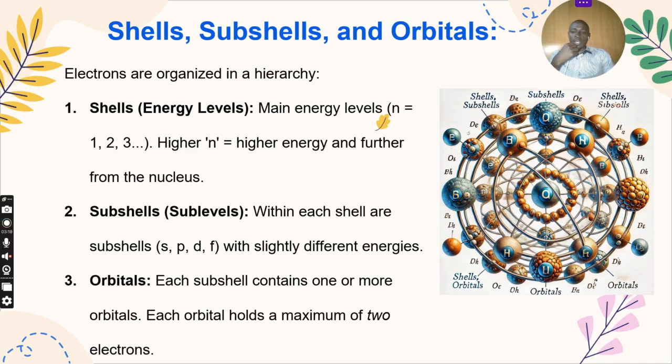That's what we are saying. And then each orbital can hold a maximum of 2 electrons. Take note. So when a subshell has only one orbital, it means that subshell can hold only 2 electrons. When a subshell has 3 orbitals, for example, it means that subshell can hold 6 electrons, as we will soon see.